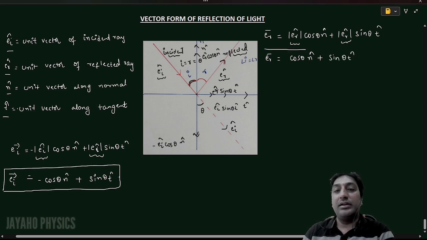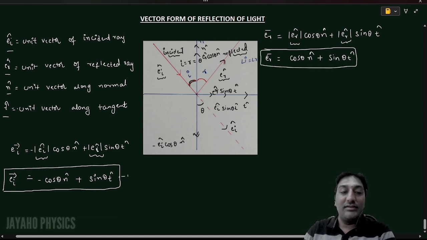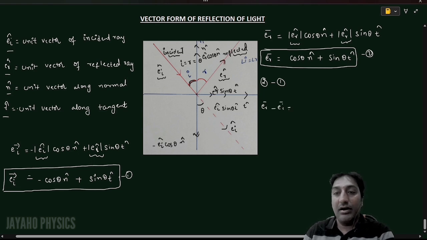So here I am representing another equation. Let us name this equation 1 and this equation 2. Now, equation 2 minus equation 1. So E_r bar minus E_i bar is equal to cos theta followed by the n cap plus sine theta followed by the t cap, minus the negative of this.